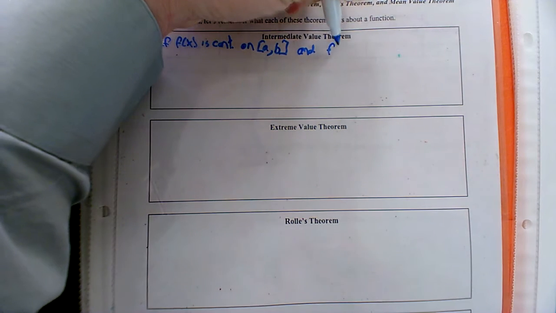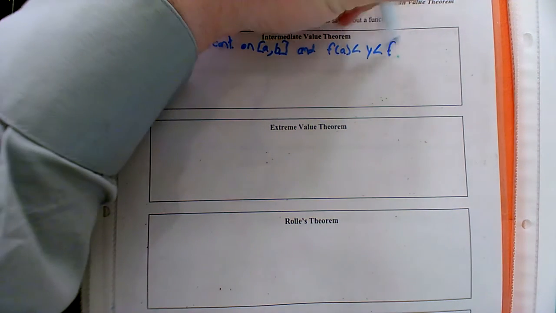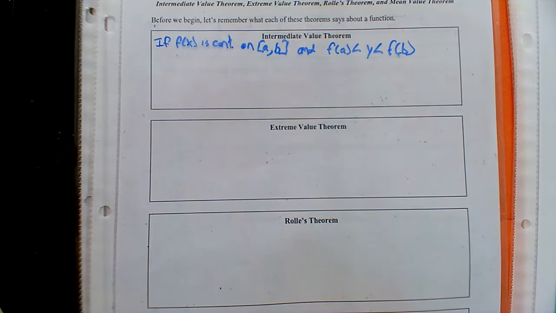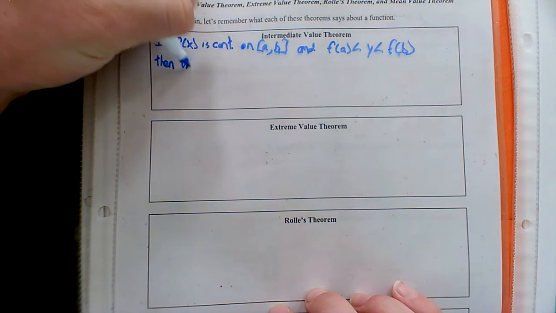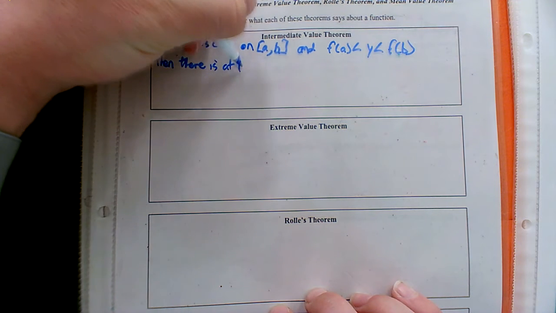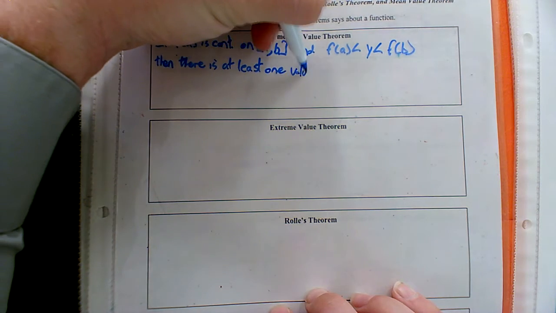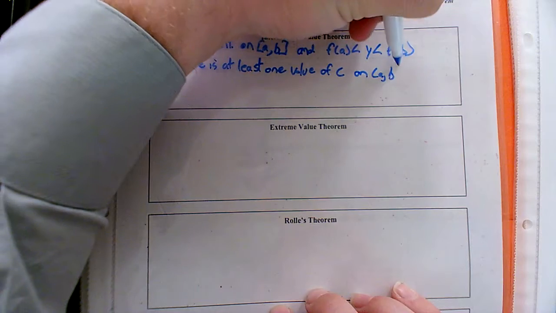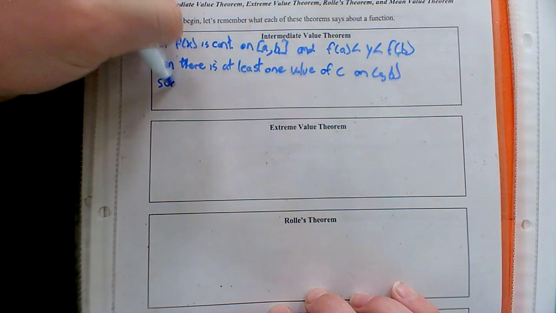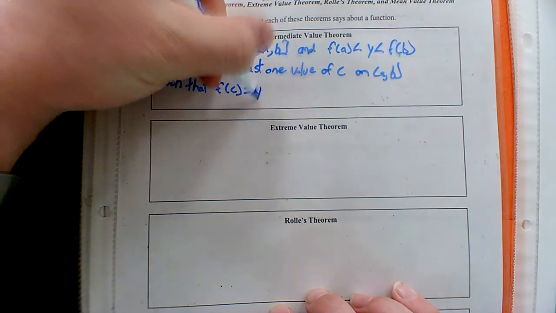So if it's continuous on a to b and f of a is less than y, which is less than f of b, then there is at least one value of c on (a, b), and that's the open interval, such that f of c equals y.